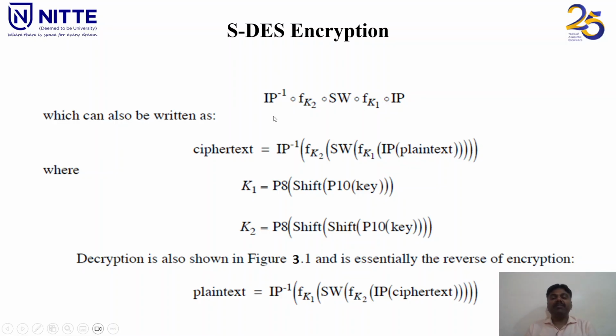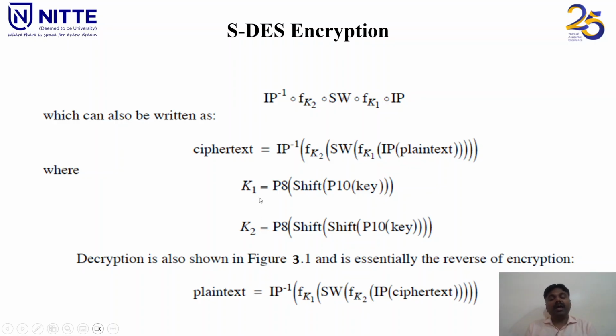So this is what we are going to perform with respect to encryption. The same thing applies here: the plain text performs the initial permutation, that output I'm giving to the function f with the k1 value, then the output of that I perform the swapping operation. The swapping gives an input to the next round of the function f with the k2 value, and that output I get back with the inverse initial permutation.